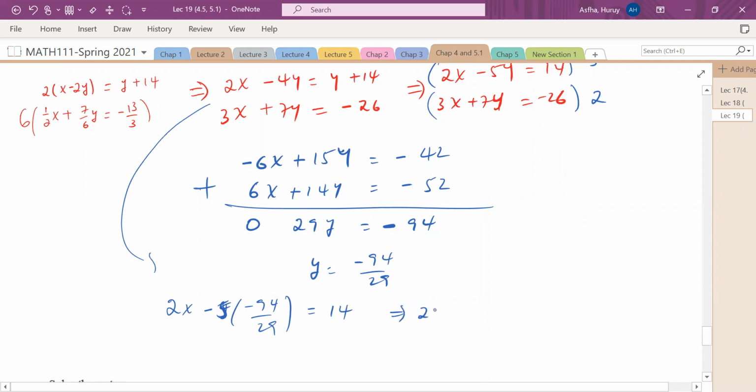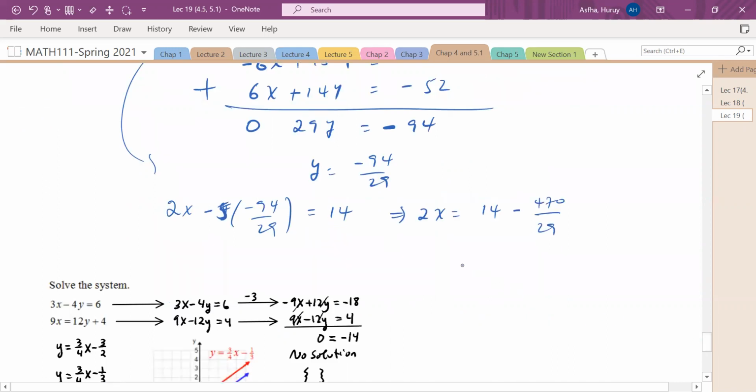So we have 2x equals 14 minus 470 over 29. Yeah, so it's a big number.